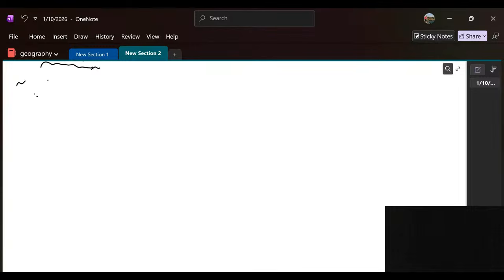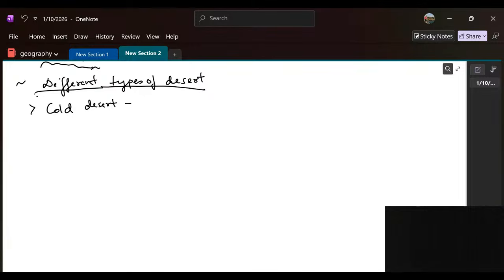Different types of desert. Okay, you can see some examples. What are those? Cold desert, say for example, not Atacama, but Antarctic.